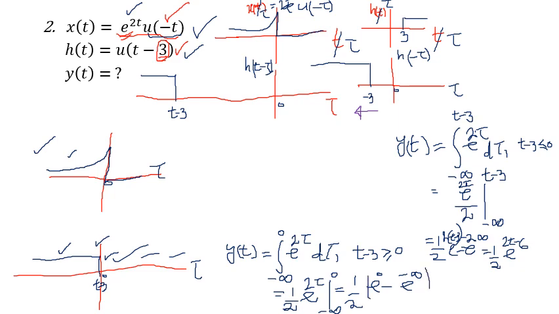That means you get 1 by 2. So for the right side we have a constant value of y of t, that is 1 by 2, since this signal is non-zero in this region also, but the upper limit is fixed at 0.